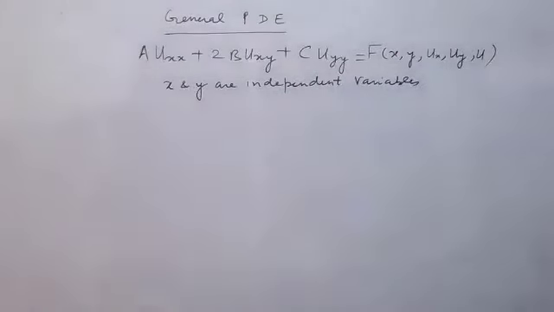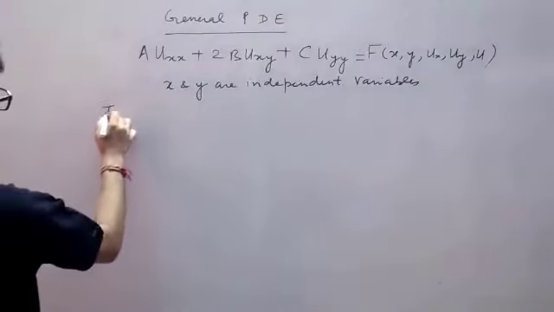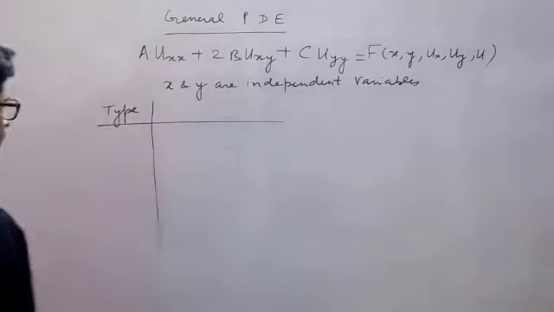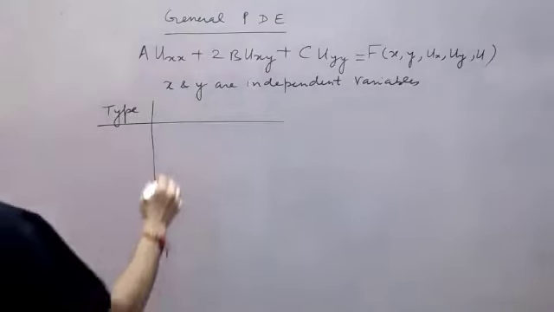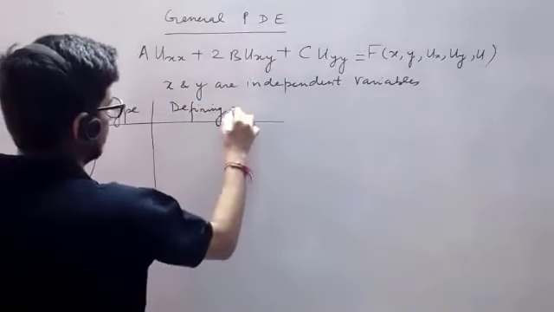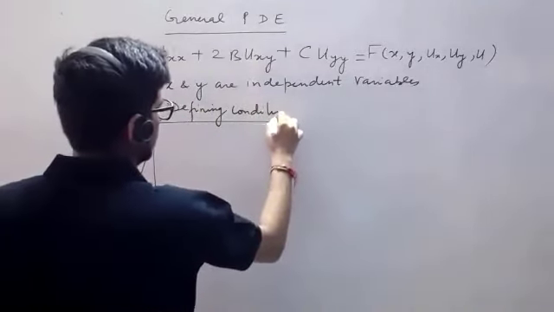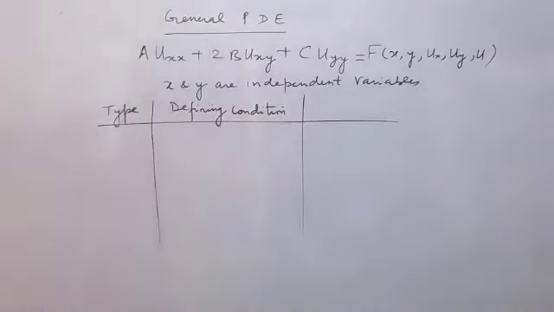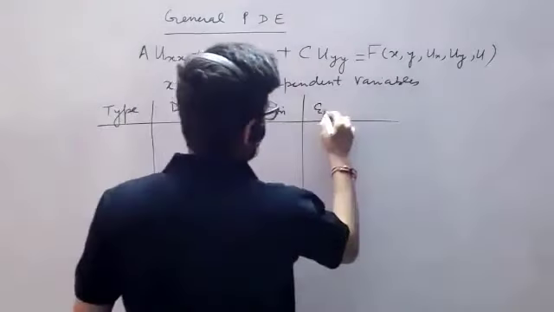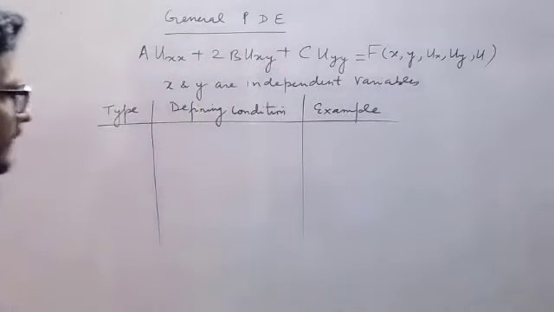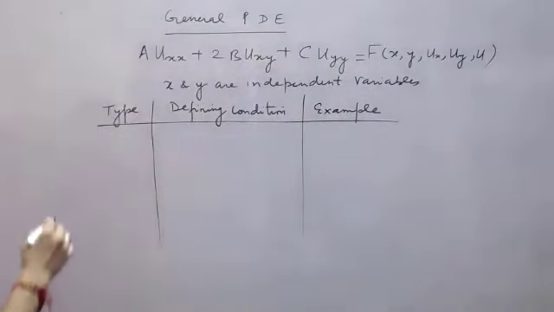Okay, so this is the general form. So I can categorize the type, the defining condition, and we should also write an example.